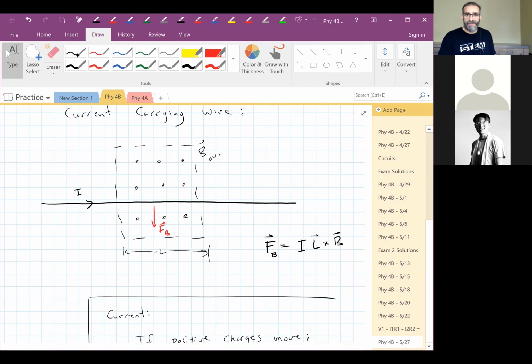Physicists bend over backwards not to make current a vector. I don't know why. But I is not a vector. L is a vector. L is the length of wire in the magnetic field. And what direction does L point? In the direction of I.